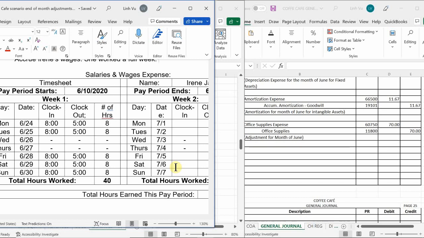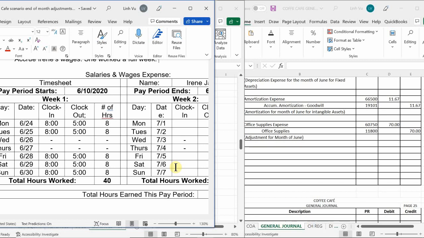So in this case, I'm not paying her yet, but I am going to accrue because this is in the month of June. This is the hours that she completed within the month of June, right? Especially for payroll, when you're in between weeks, if you're doing a bi-weekly, 1 week in June, 1 week in July, you need to split it up because you need to make sure that when you calculate all of your expenses, you calculated every single penny you spent in June.